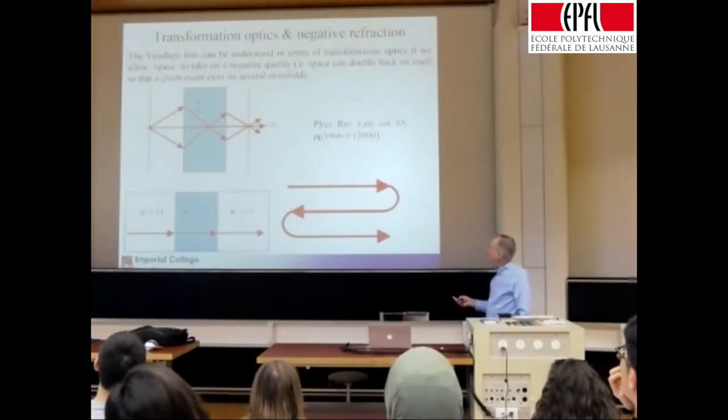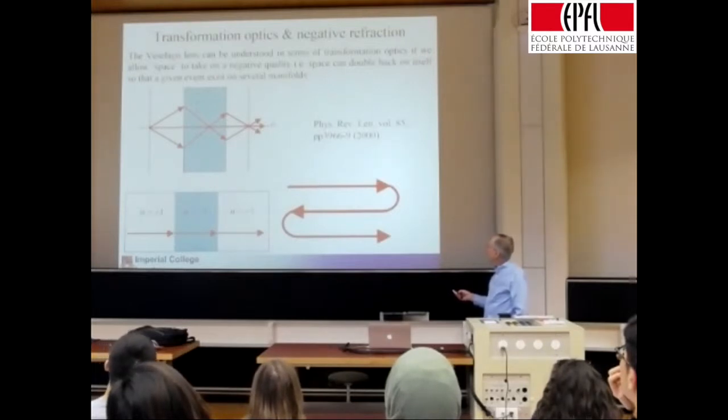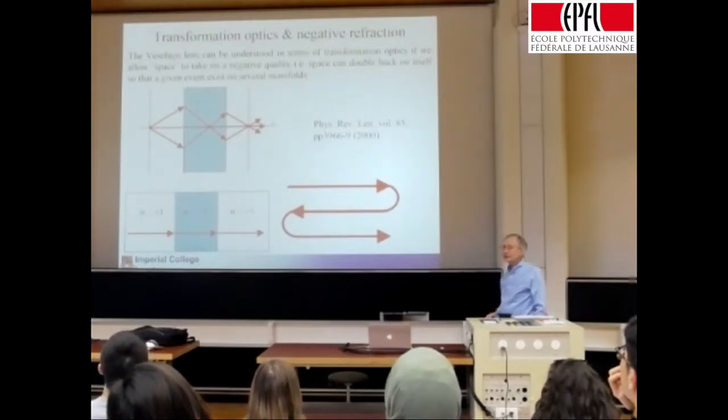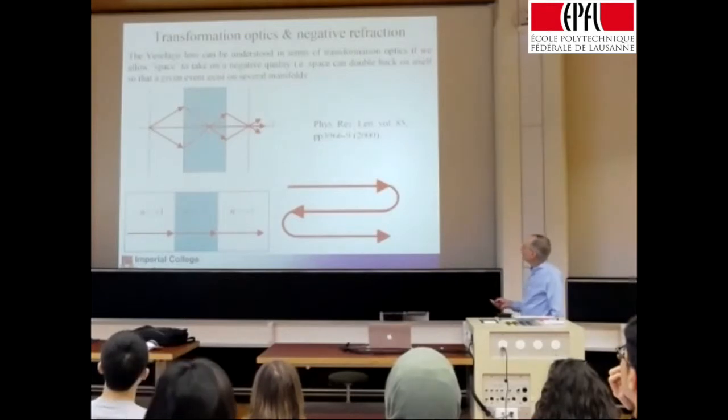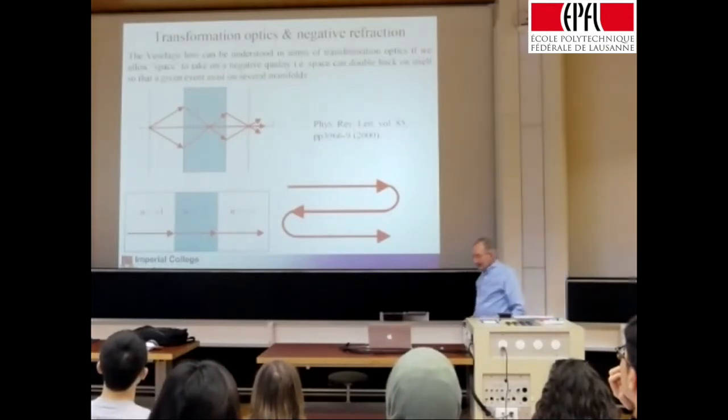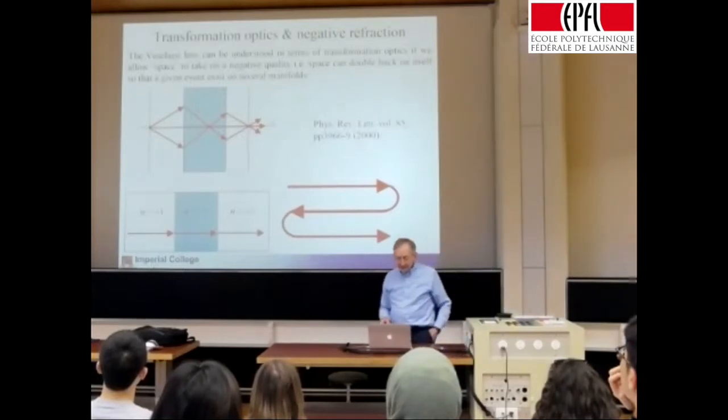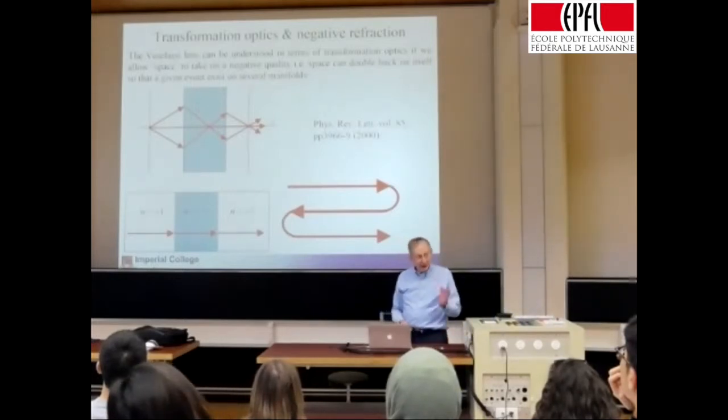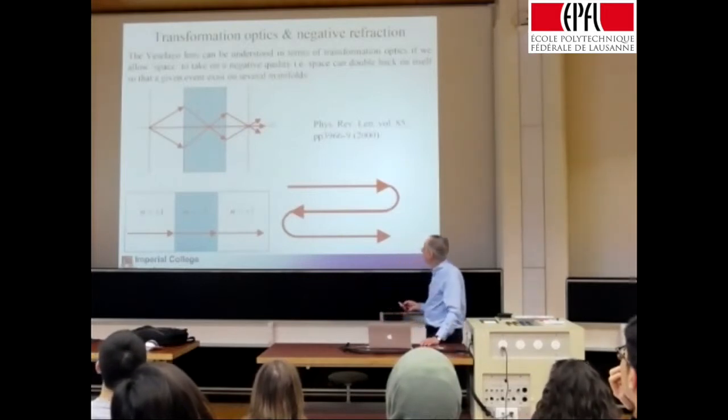And if it does that, it will naturally come to a focus here. And what's more, if you ask what happens downstream, you get a similar effect, and it comes to a second focus here. So you get two foci for your money, and this is known as the Veselago lens. Great curiosity, you can actually focus something which isn't lenticular, it's flat, but nevertheless brings things to a focus.